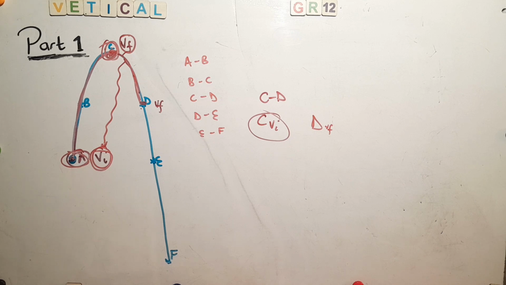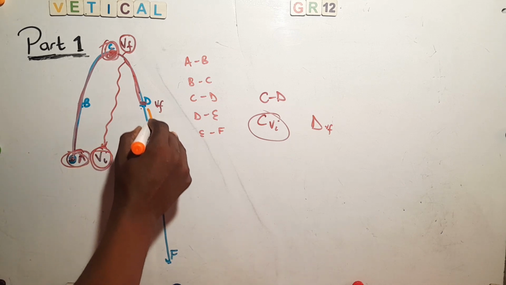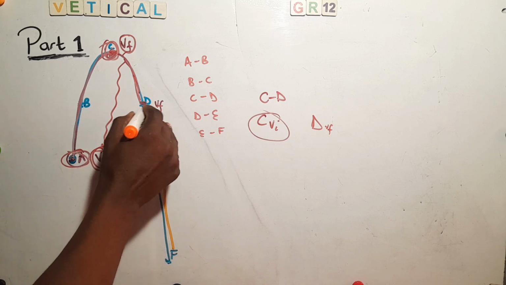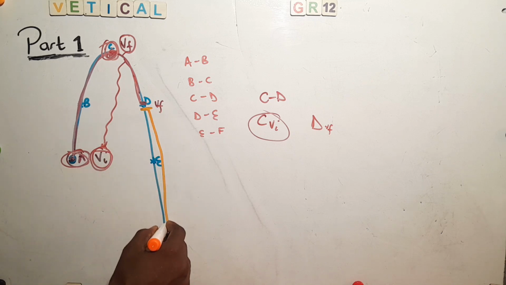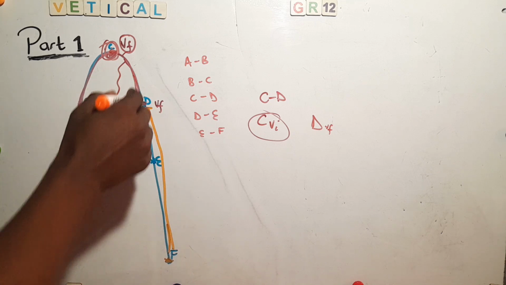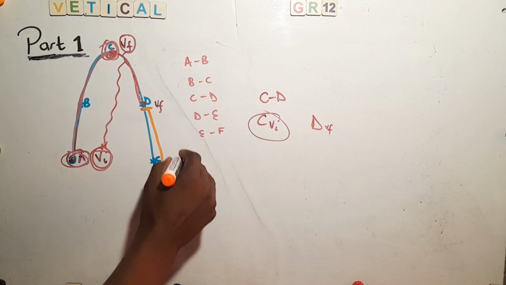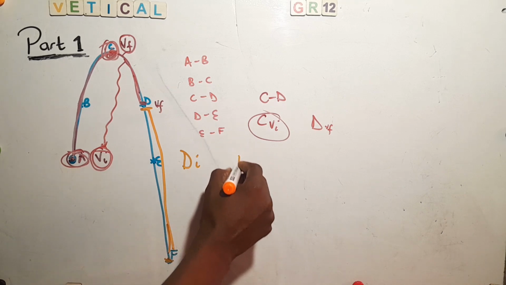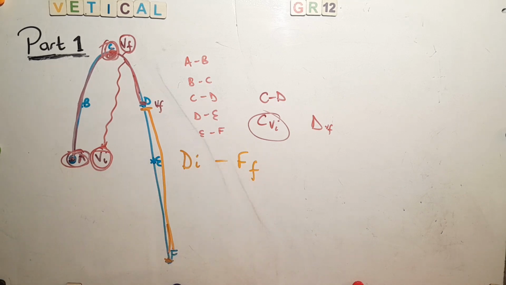And also if we are trying to calculate anything from D to F, it means that D now is our initial and F now is our final. So just like that, that's how we deal with this vertical projectile.